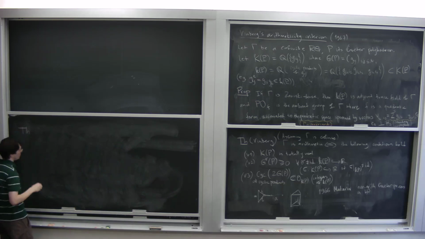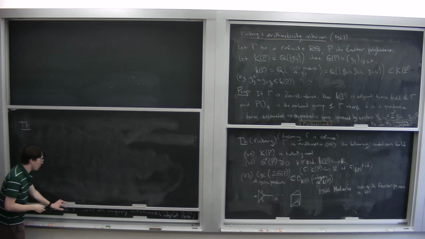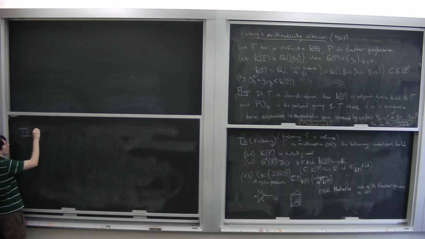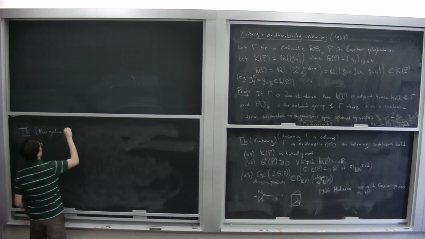And one of the first approaches to distinguish arithmetic and non-arithmetic lattices was obtained by Margulis. It is the famous Margulis commensurator rigidity, right?